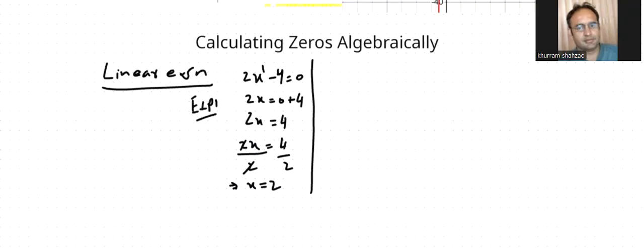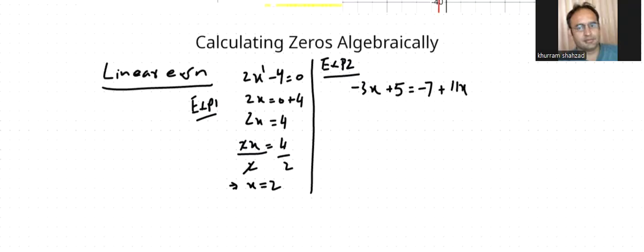So now I'm going to give you another example. Example 2: minus 3x plus 5 is equal to negative 7 plus 11x. What we have to do here is collect the x terms on one side.